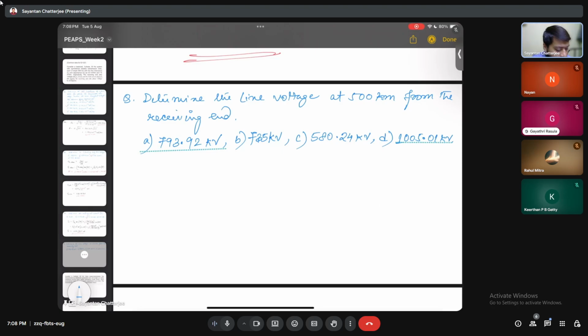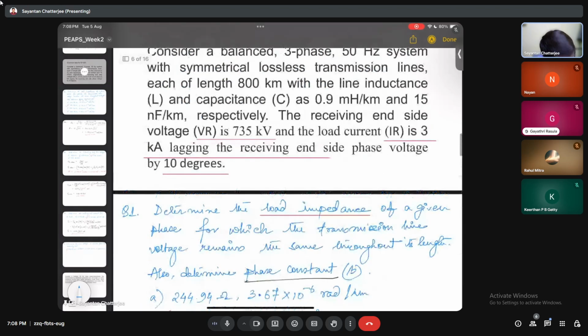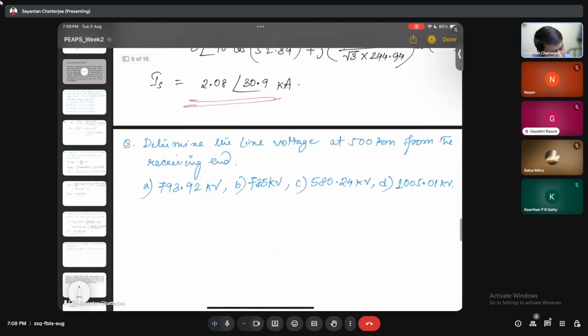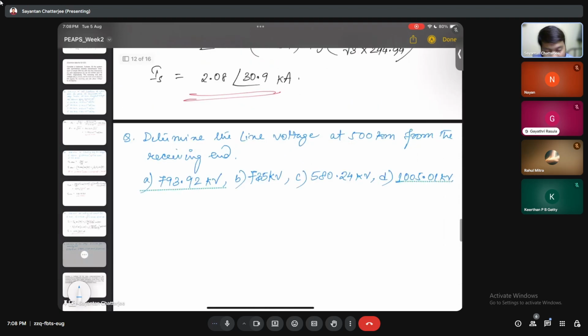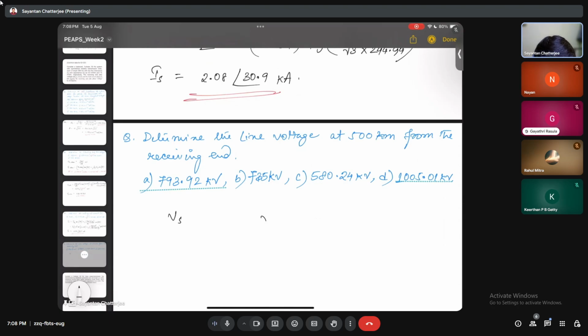This is the type of problem that we have solved previously, but in the previous case the line length was, I guess, 800. Yes, 800. So here we need to calculate somewhere in between, 500 kilometers from the receiving end. If this is the receiving end, VS, VR, then this is the stretch of the line, and somewhere from the receiving end we need to calculate the voltage.